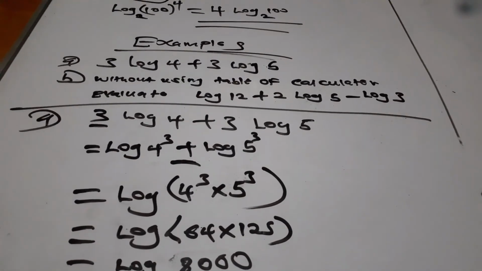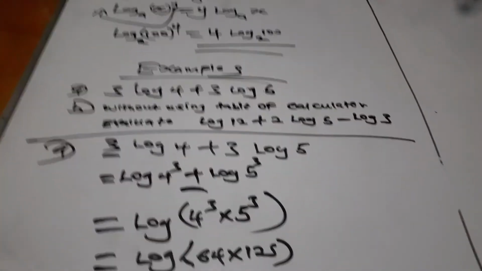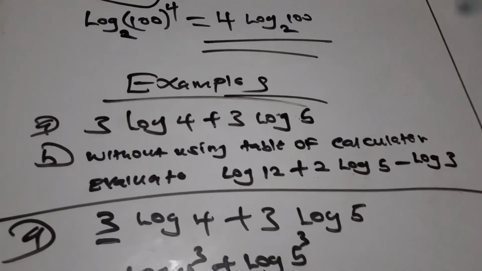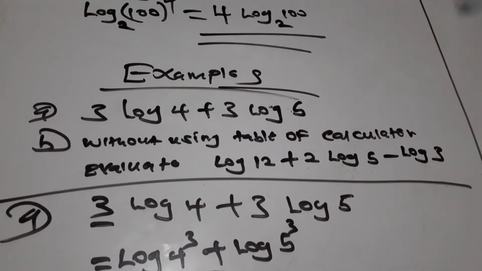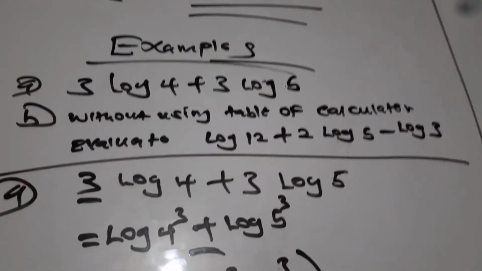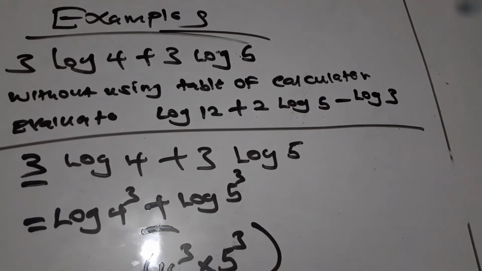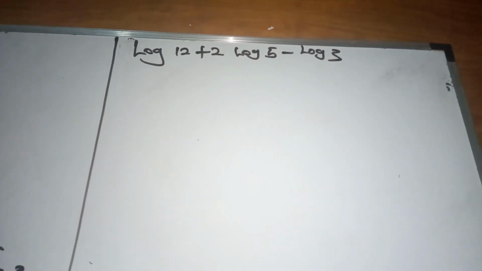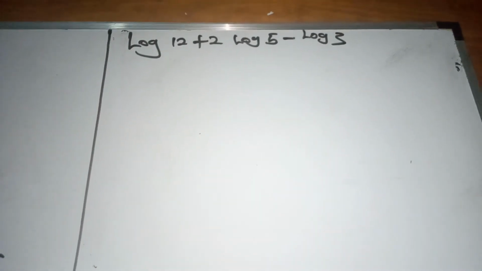The second example has been said: without using a table or a calculator, evaluate log 12 plus 2 log 5 minus log 3. Let me simplify this very fast for you.